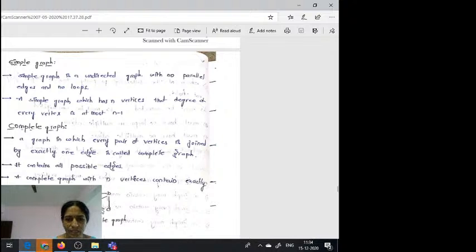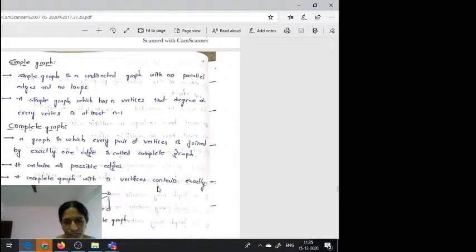So we can say that this is called a complete graph. A graph in which every pair of vertices is joined by exactly one edge is called a complete graph. It contains all possible edges, without self loops and multiple edges. So all possible edges are this.